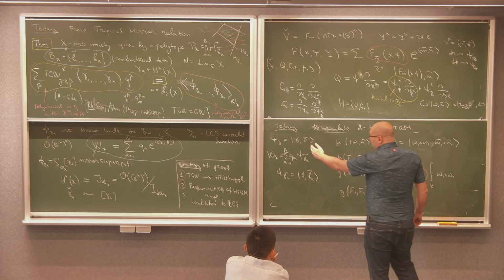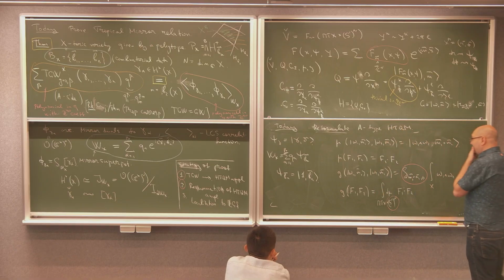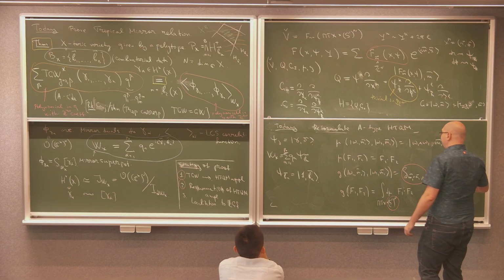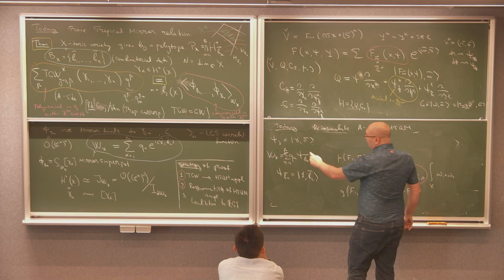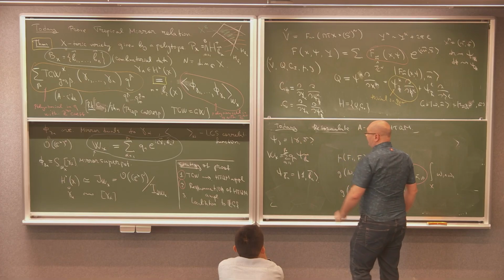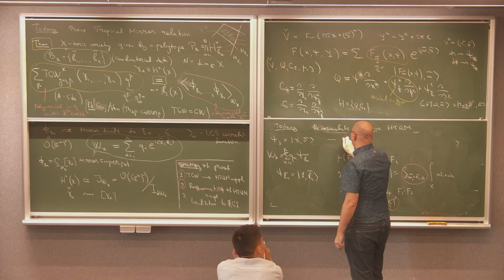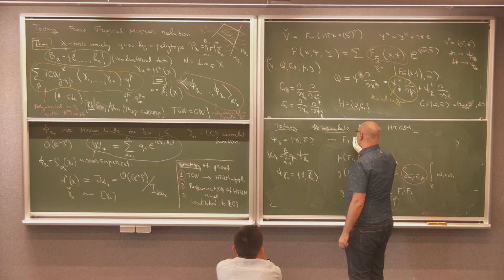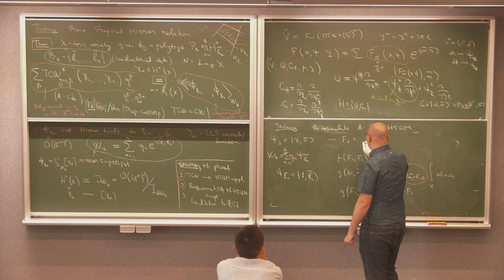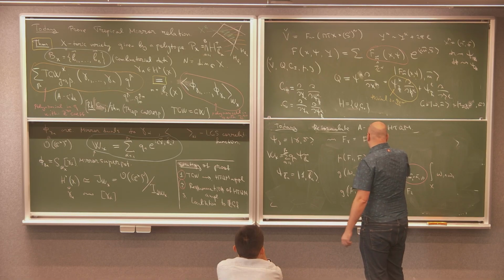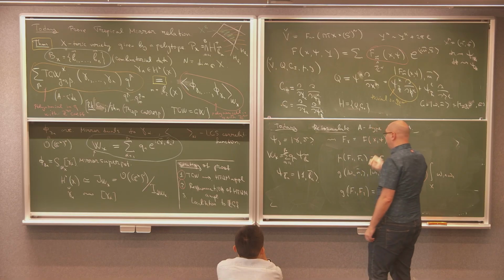Okay, so what about our states? I kind of kept them for quite some time. State psi gamma is differential form gamma and 0 here. So the corresponding function will be just a y-independent function, a function of x and psi.